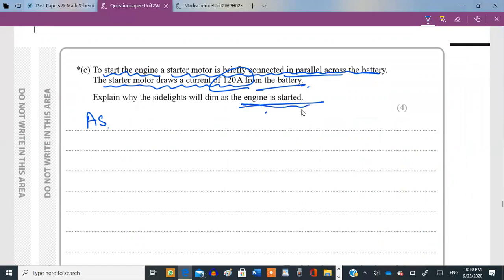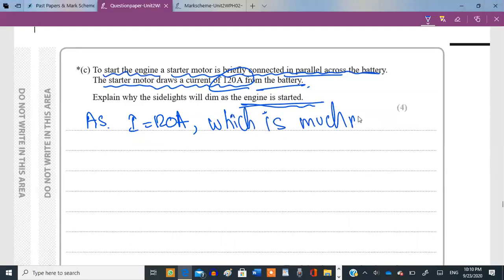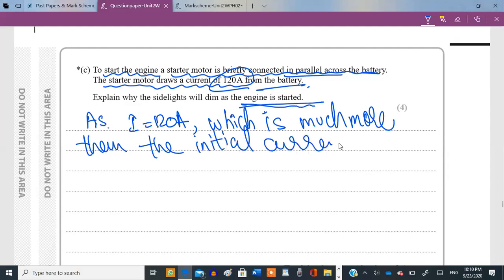Explain why the side lights dim as the engine is started and the starter motor is put in parallel to the battery. The starter motor draws a current of 120 amperes from the battery. So as the starter motor is connected, the current is 120 amperes, which is much more than the initial current. Then the formula for the terminal potential difference: terminal potential difference is those volts which are available to the circuit after the volts lost in the internal resistance, so the EMF minus IR.